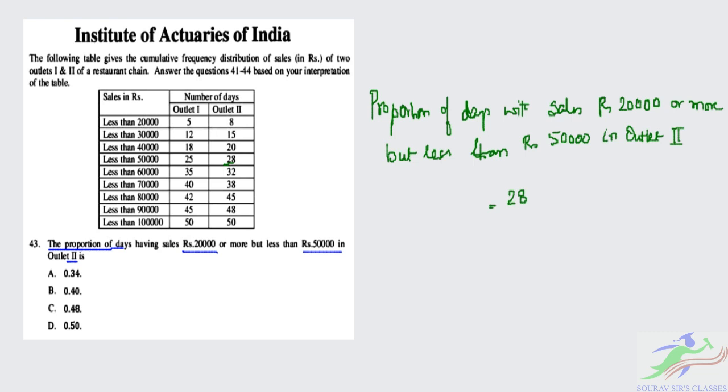For sales less than 20,000, the number of days is 8. So 28 minus 8 divided by 50, so it is going to be 20 by 50. We have to find the proportion of the days, so the final answer is going to be 0.40. If we check with the options, it is going to be option B, that is 43B.